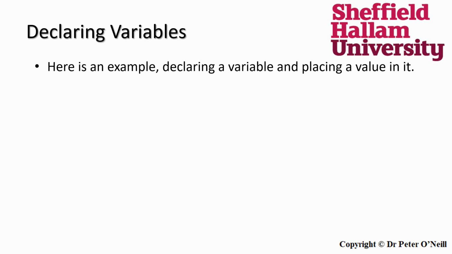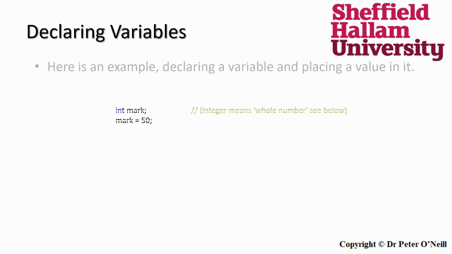Here is an example declaring a variable and placing a value in it. So, mark is the variable. Int is its type. Int stands for integer, which is a whole number.